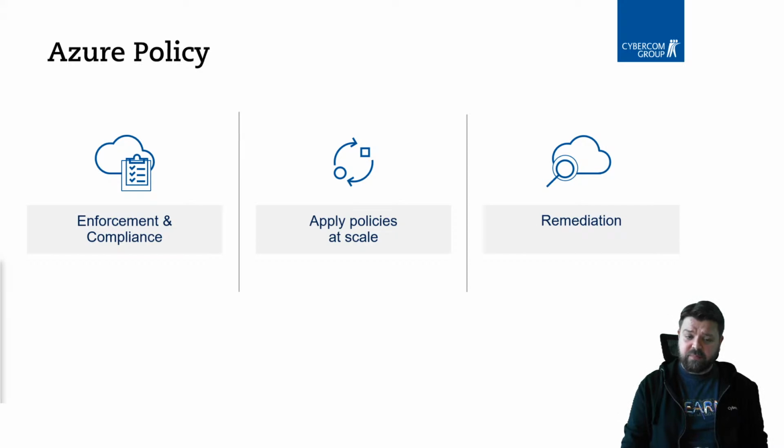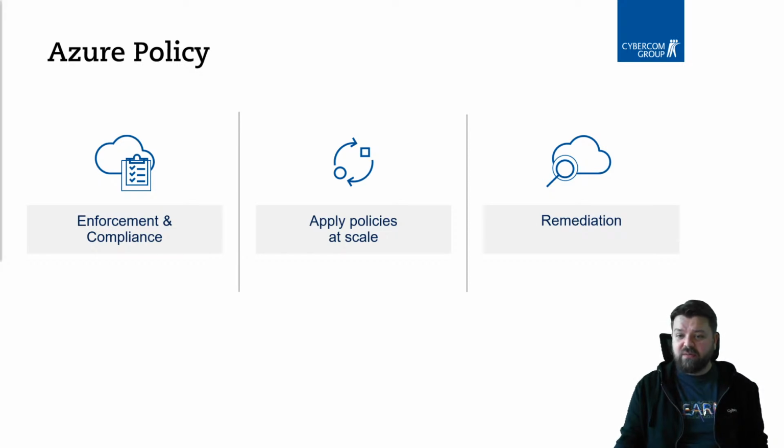When you add them into the management groups, you can quickly add these guardrails to all of your organization. And as I said, remediation is available for them, real-time remediation, or even if you add them later on, it can look at what's been done before and maybe then fix those.